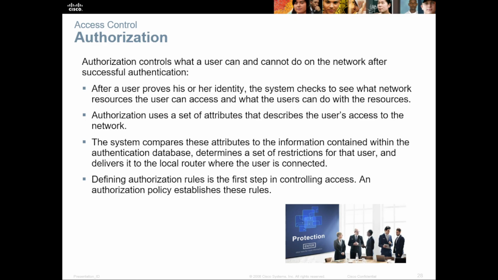So it determines a set of restrictions for the user and delivers it to the local router where the user is connected. So defining the authorization rule is the first step in controlling access. So an authorization policy establishes what these rules are.